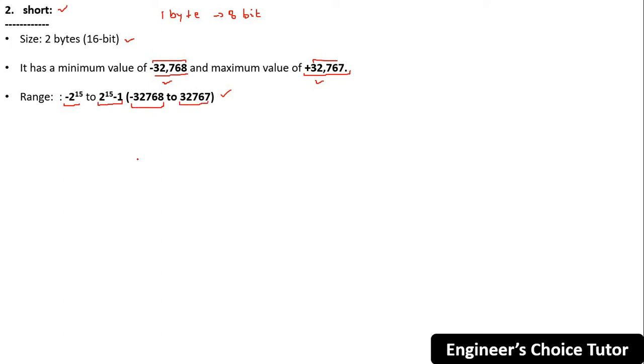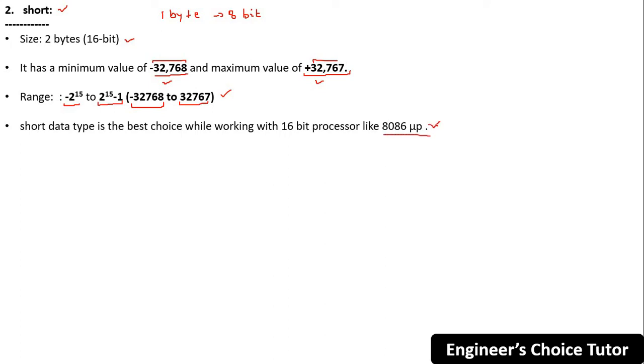The short data type is the best choice while working with 16-bit microprocessors like the 8086 microprocessor. Anyone from an electronics background might have heard about this subject, 8086 microprocessor. We have learned this subject, right? These processors are outdated now.